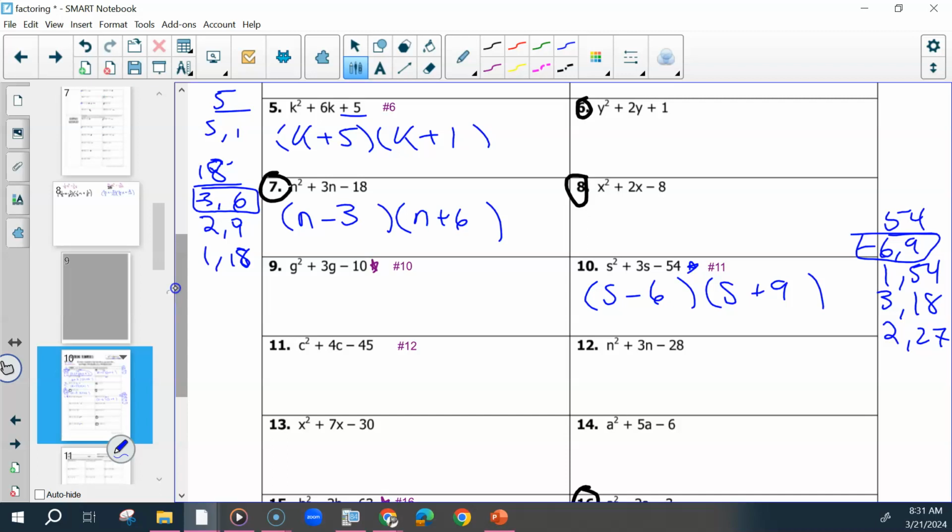Every time. Other questions we want to see in numbers 8 through 14? We'll do those in a minute.